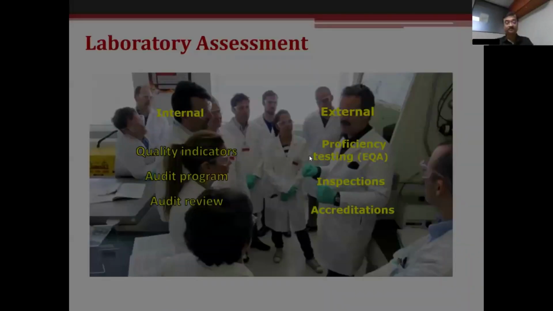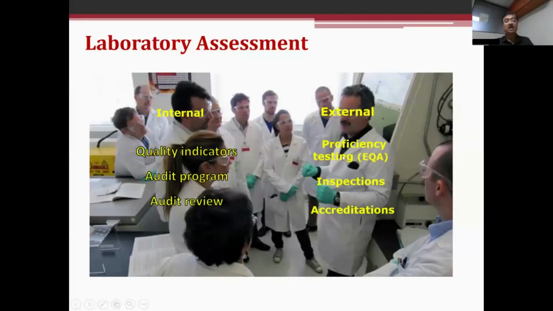Now, the laboratory assessment can be of two categories. One is internal assessment, when you are your own examiner. So you can use quality indicators for a detailed throughout-the-year process. You can institute some internal audit programs, or you can have some audit reviews.